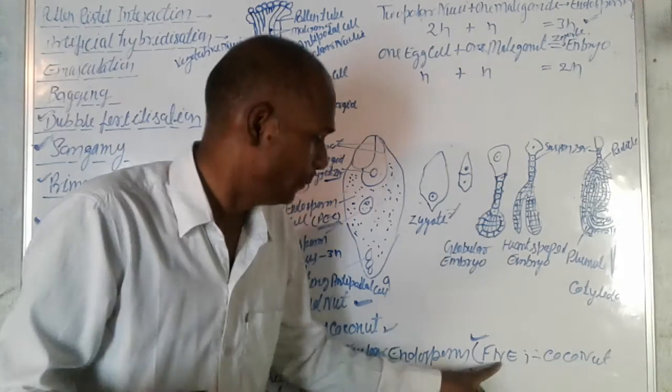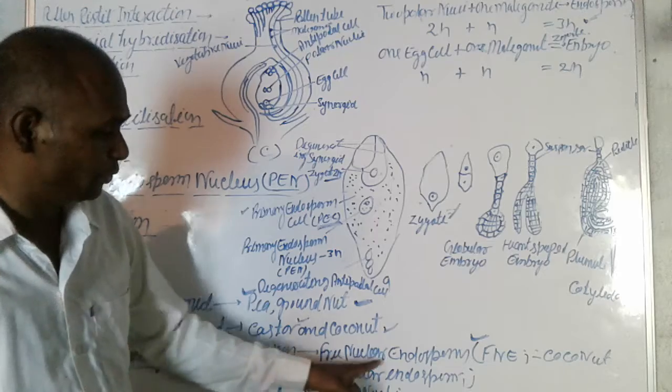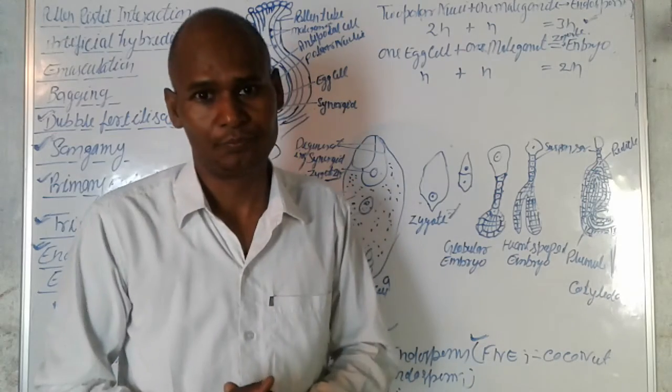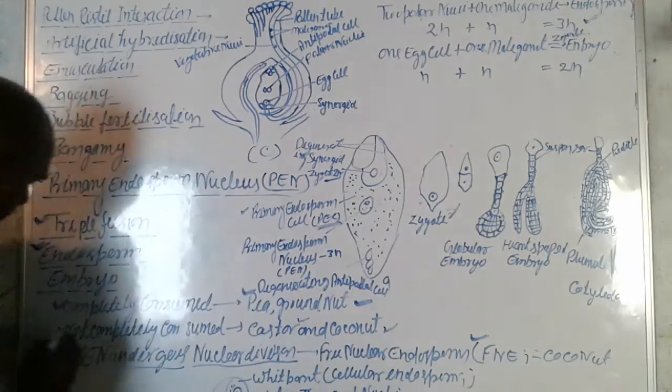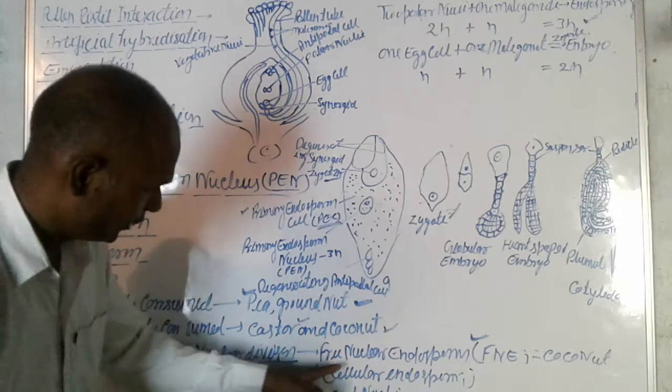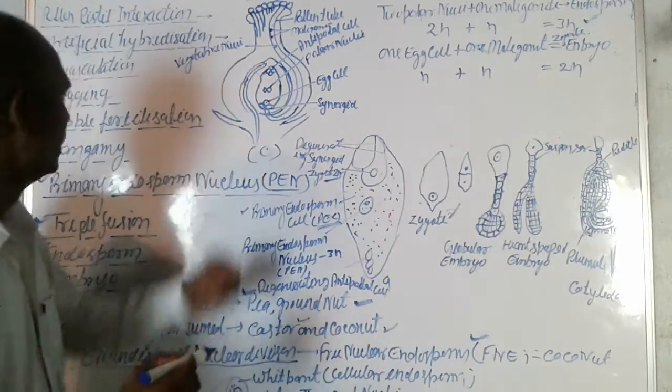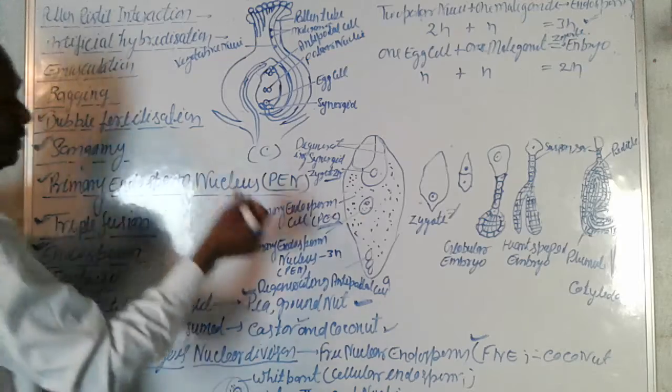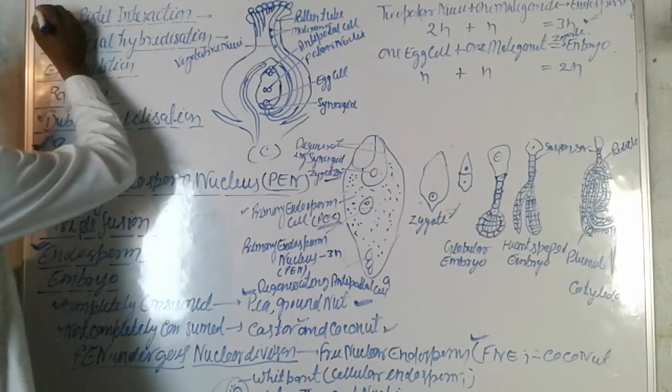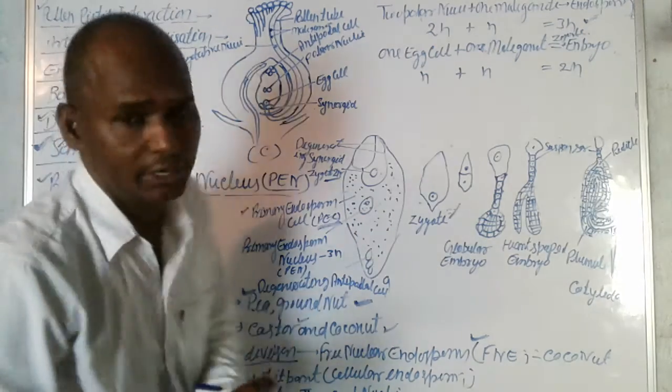These are the FNE, meaning free nuclear endosperm. So we discuss in this video about free nuclear endosperm, and we also discuss pollen pistil attraction.